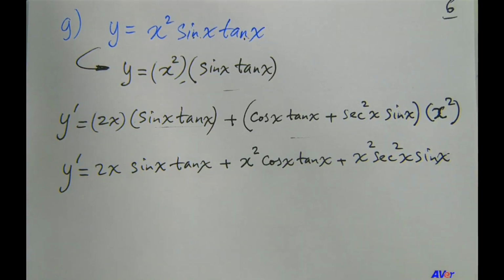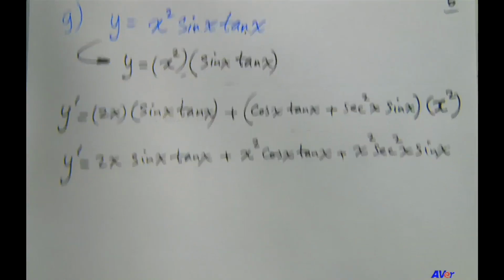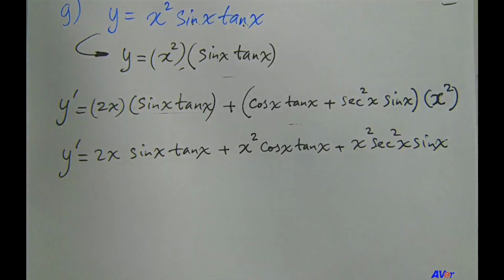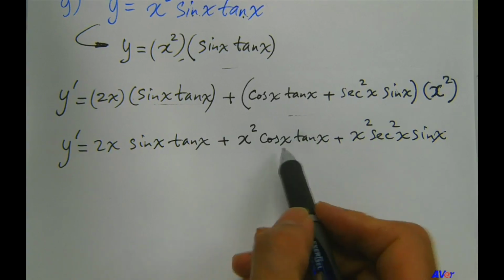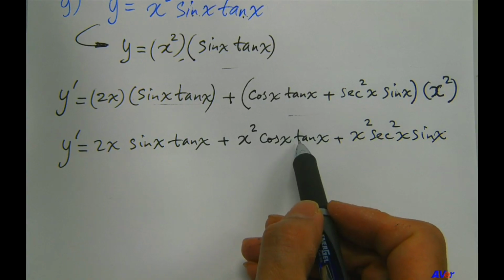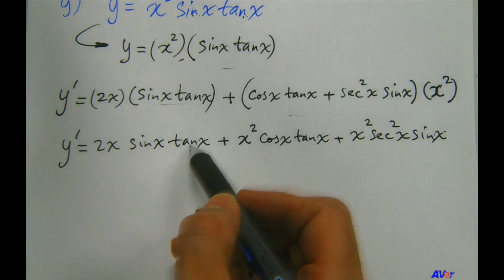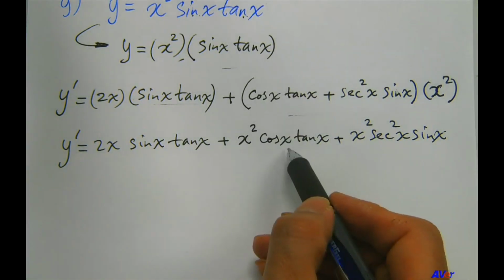Okay. So now, is there anything else we can do to simplify this? We sure can. If you look at these ones, well, this one we can certainly simplify, right?